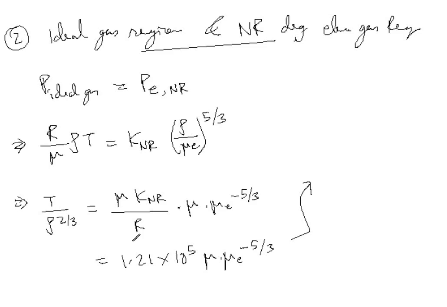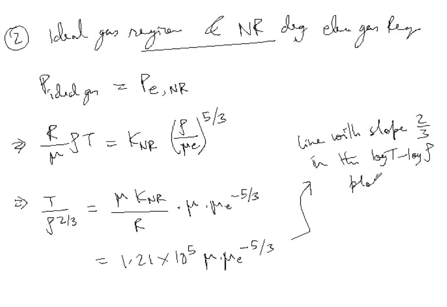So what does this mean? This means that we have a line with slope 2 by 3 in the log T log rho plot. I will finally show you this.